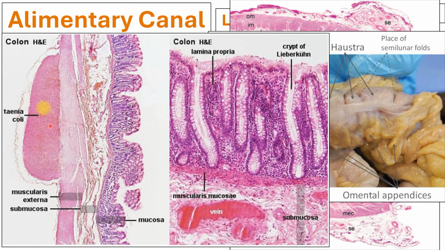Histologically, it basically looks like this. It's basically just a band of smooth muscle tissue located outside your typical muscularis layer. So again, you have your crypts of Lieberkühn in the colon, but you don't have any villi anymore.